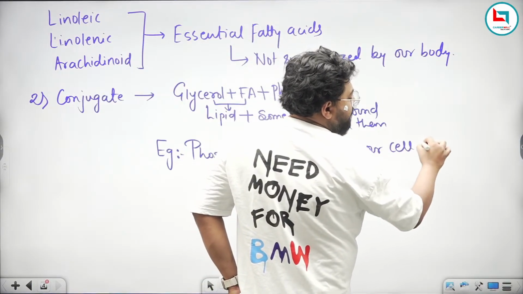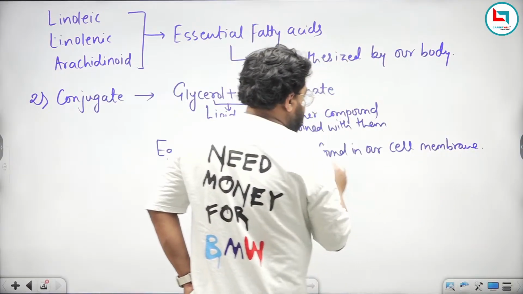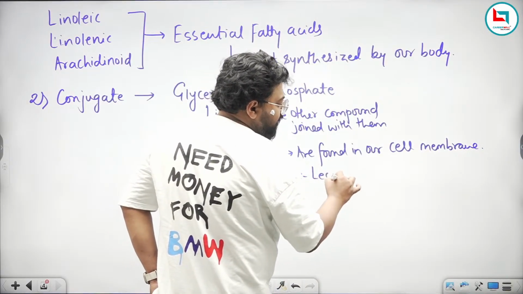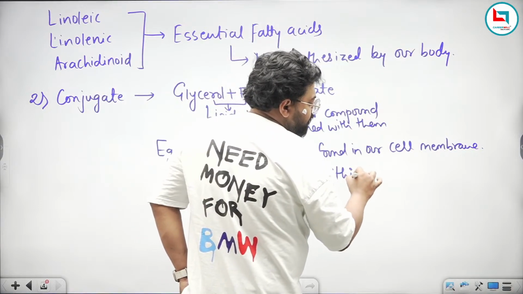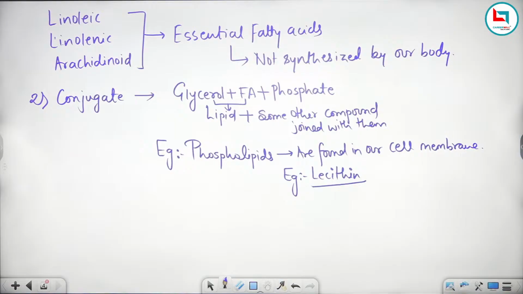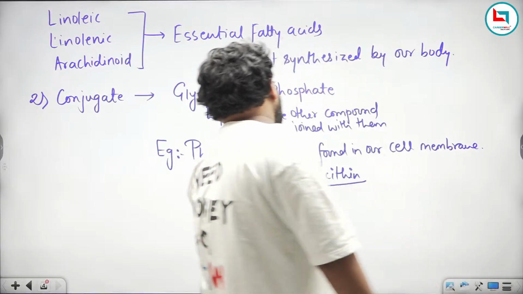There are many types of phospholipid, and the most common phospholipid found inside our cell membrane is lecithin. What is cell membrane? The outermost covering of the cell is said to be the cell membrane or plasma membrane.